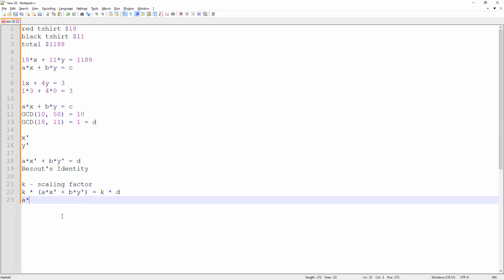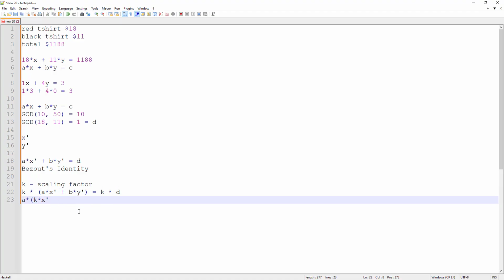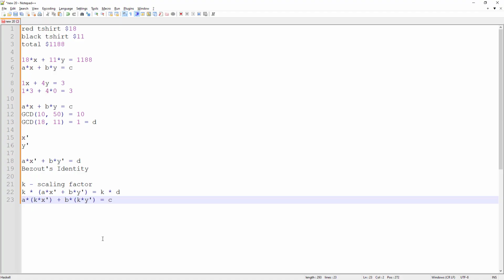So what do we have further? a times k times x prime plus b times k times y prime equals c. This is, by design, what we have here. It's a bit differently written, but it is what it looks like.